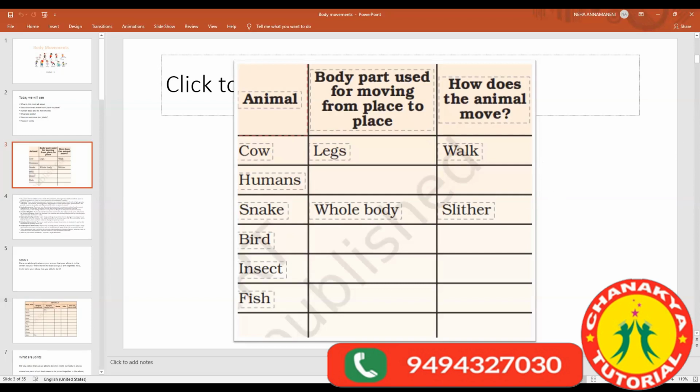Yeah, some insects also fly. Then how does a fish move? Which body part does a fish use? Its tail. It also uses its fins. Yeah. Then how does it move? Underwater. It swims. Right? Okay.